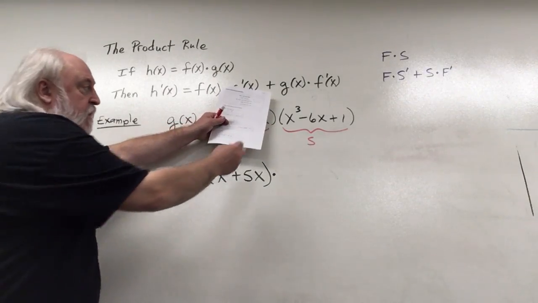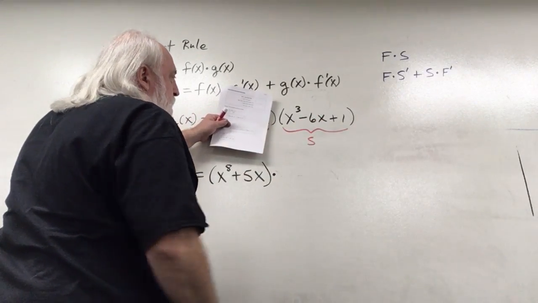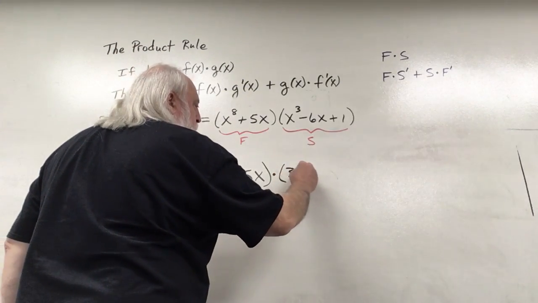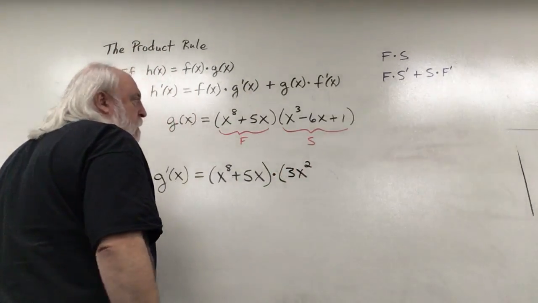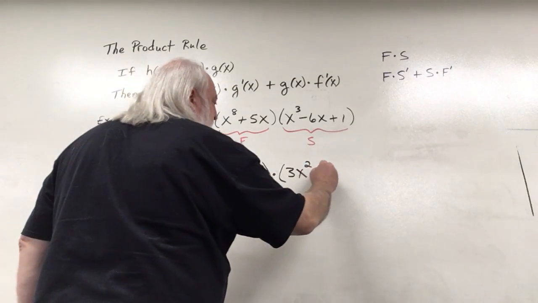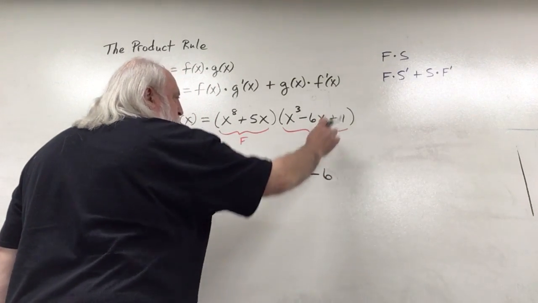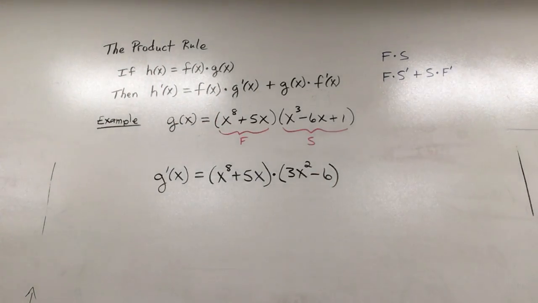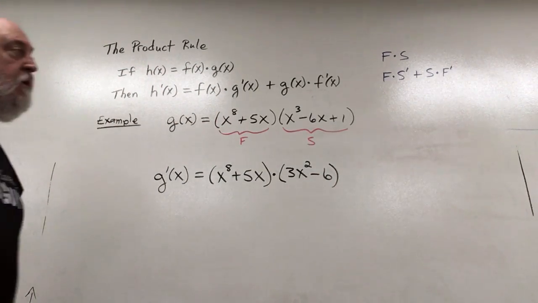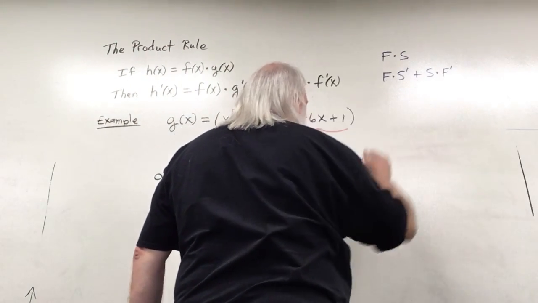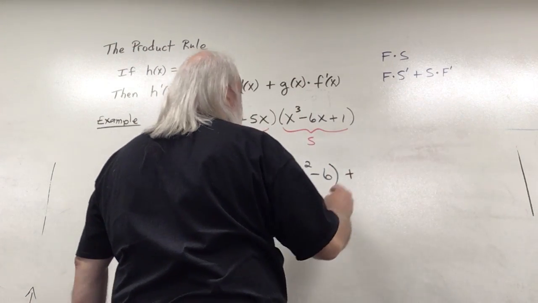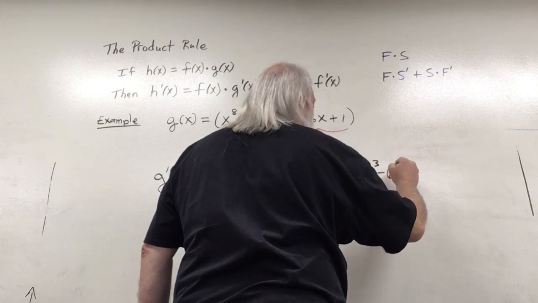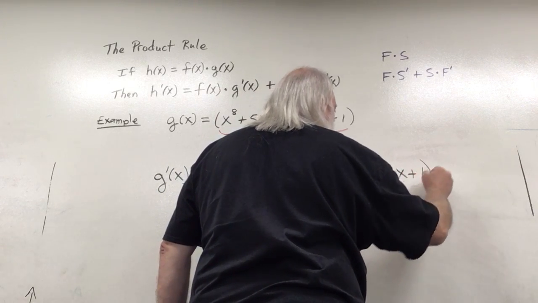Right? Well, the second function is what's in parentheses here. The derivative of x cubed by the power rule is 3x squared. The derivative of minus 6x is minus 6. And the derivative of the constant plus 1, you know, is 0. So then we add to that the second function, which is x cubed minus 6x plus 1.